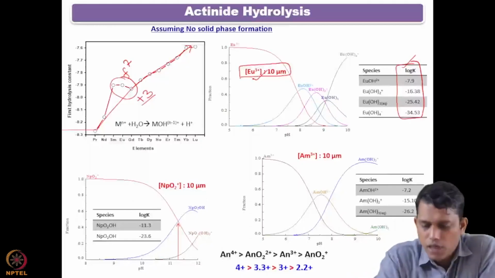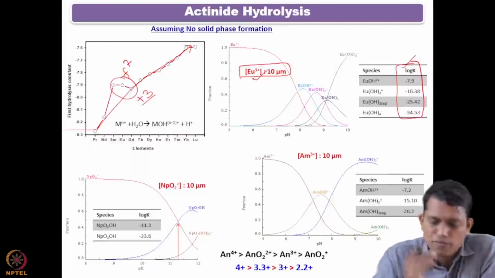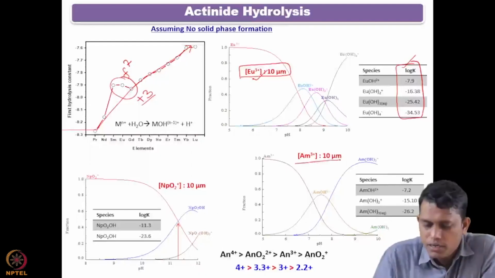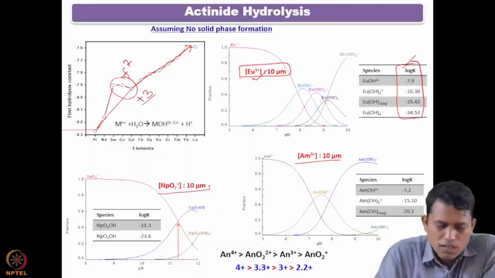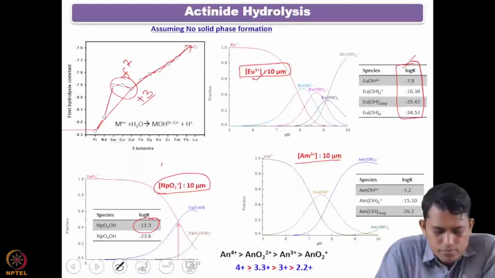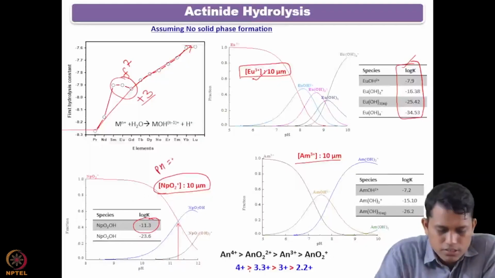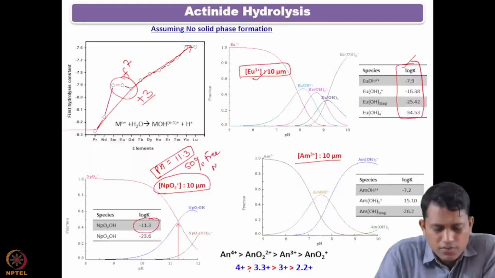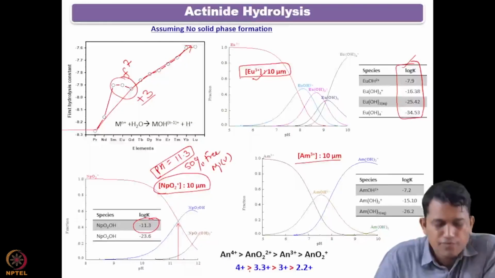And I hope you will try these graphs and plot them for different metal ions. Here I have shown you europium, americium, and neptunium. I just want to discuss the case of neptunium, because this is the one I have shown you with pKa 11.3. As I have shown you, at pH 11.3, 50% is free, and by free I mean free neptunium(V), and 50% is complexed.